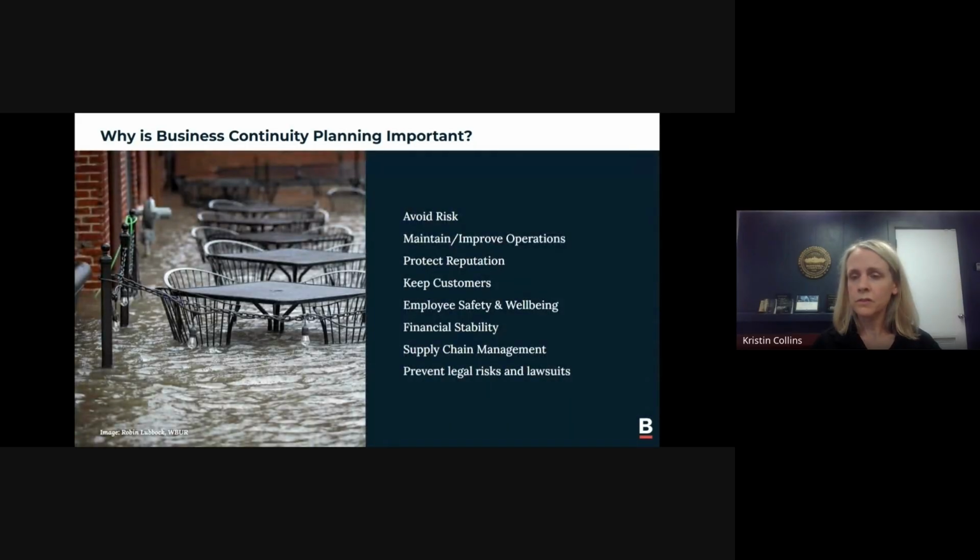So business continuity planning can not only help your business survive, but really make improvements, help you avoid a risk, maintain or even improve your operations, protect your reputation and keep your customers, keep your employees safe, financial stability, greater management of your supply chain, and even prevent legal risks and lawsuits.